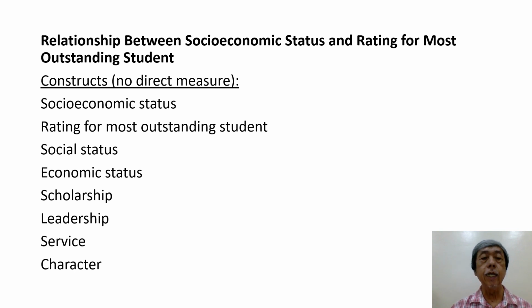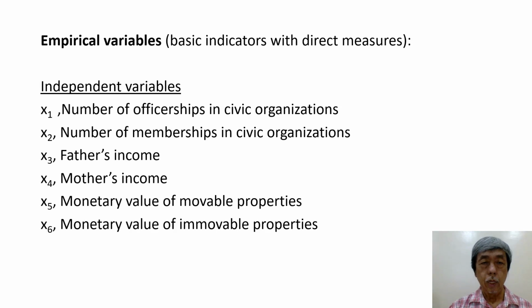For this study, these are the constructs or the variables which do not have direct measure: socioeconomic status, rating for most outstanding student, social status, economic status, scholarship, leadership, service, and character. And these are the empirical variables or the variables with direct measures.